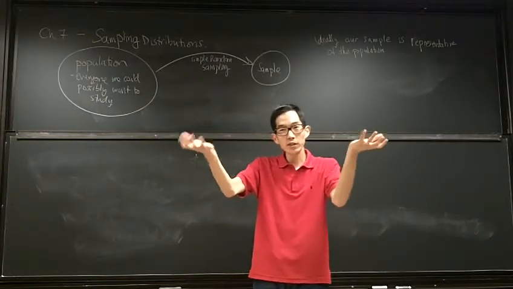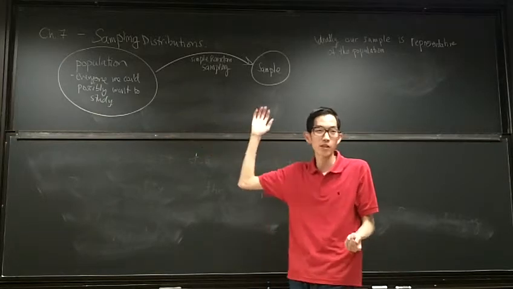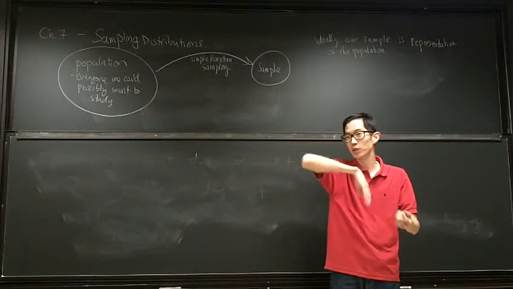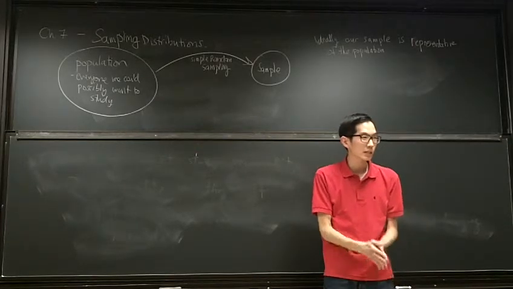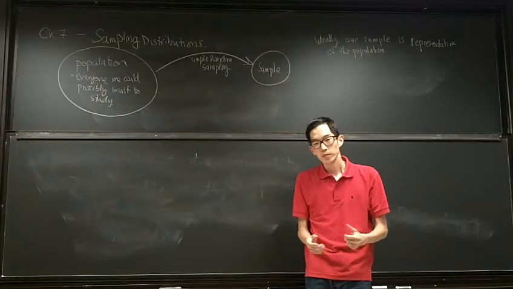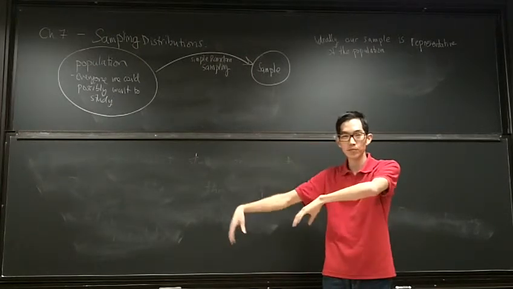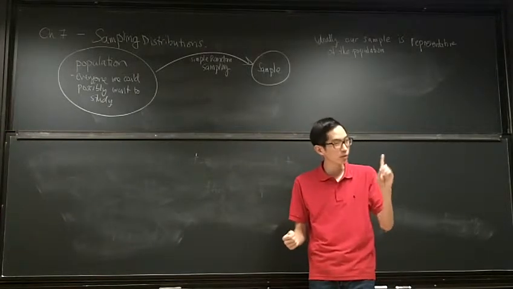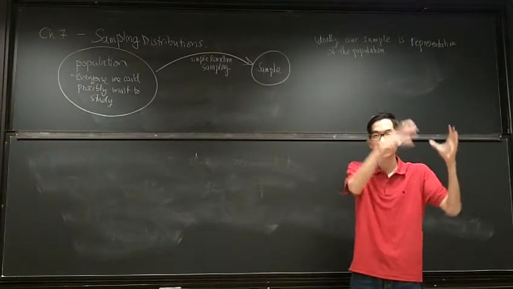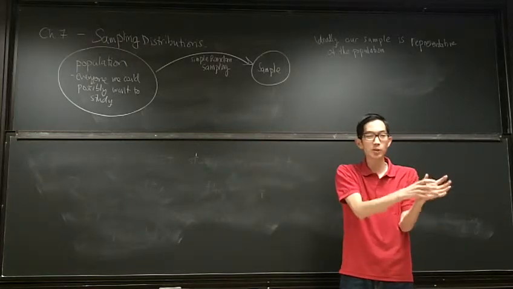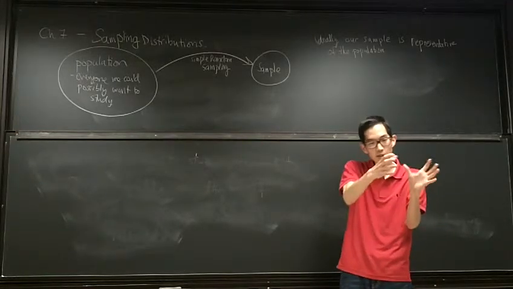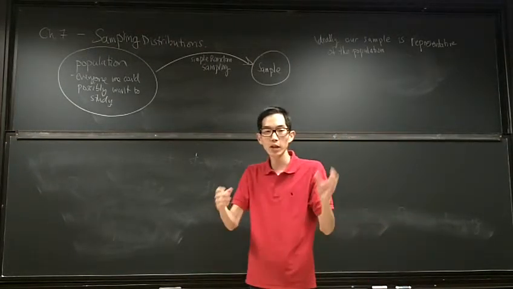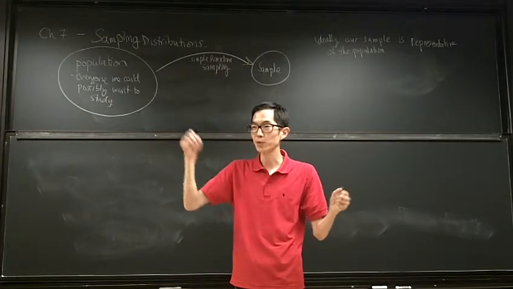How different are these samples going to be? If a third company took another sample of 500, that one's also going to be different. It's not going to be the same as these other two samples. But how different is it going to be? So the question is, if we took different samples, how different is one sample from another? Does that question make sense? If we take different samples from the population, and let's keep all the samples the same size, how different are the samples from each other?